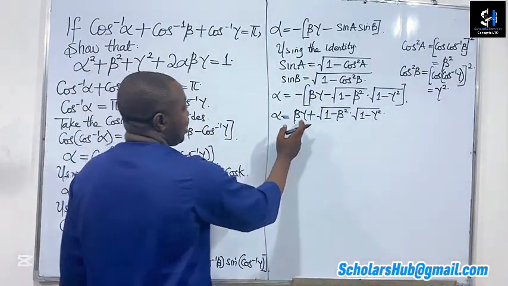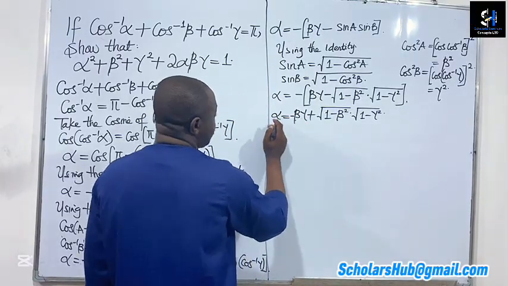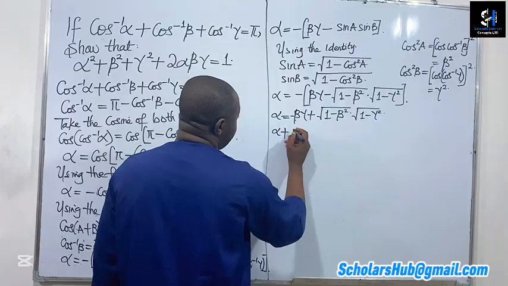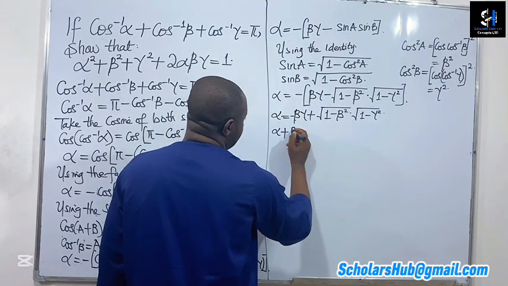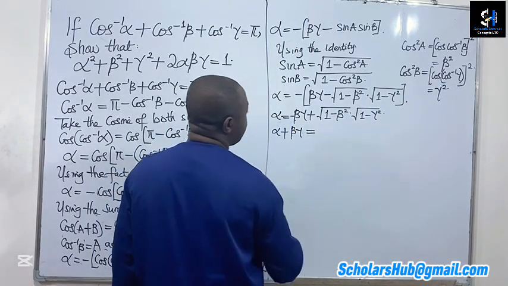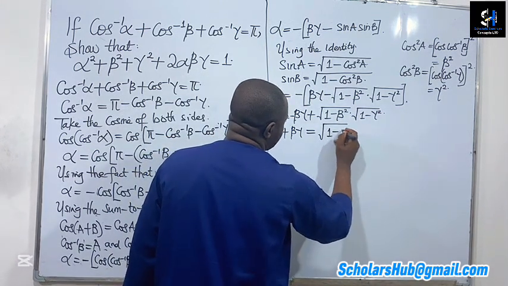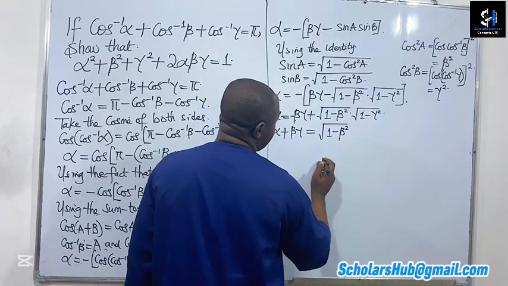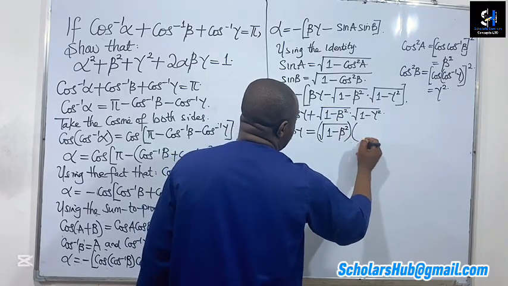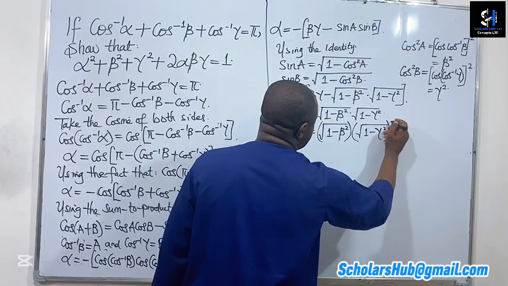Now I'm going to isolate, this will be negative, so I'm going to move this to the left hand side, so that this will be alpha plus beta gamma equals the product of the square root of 1 minus beta squared and the square root of 1 minus gamma squared.